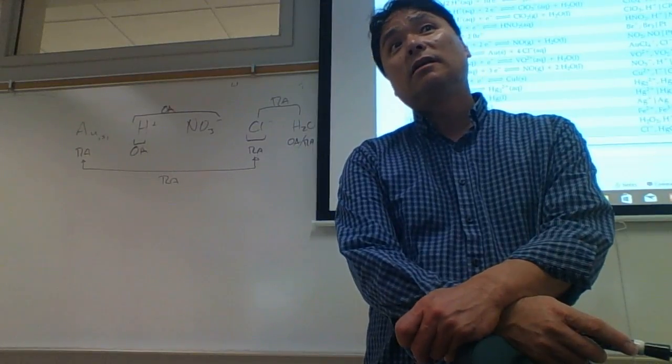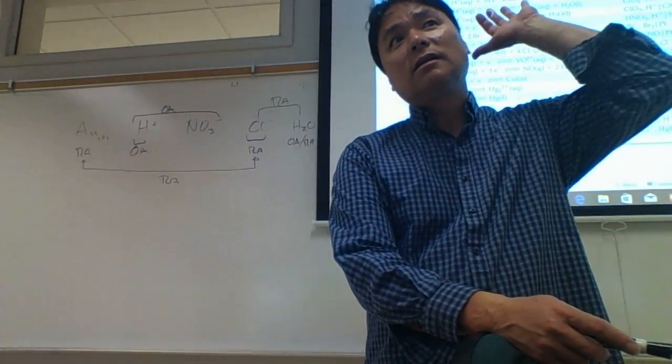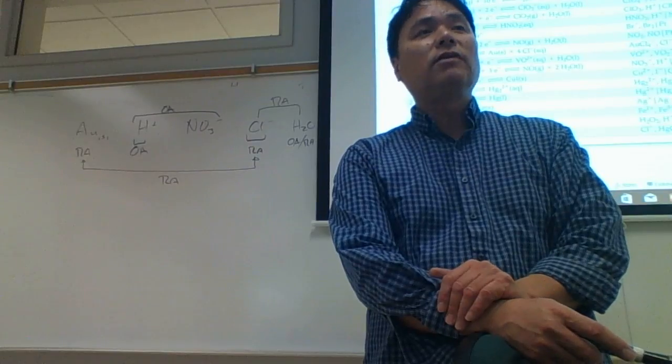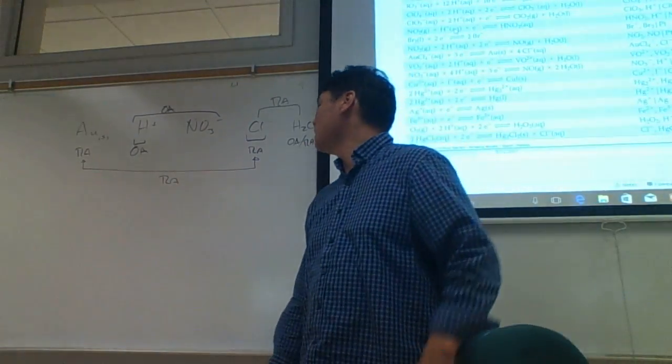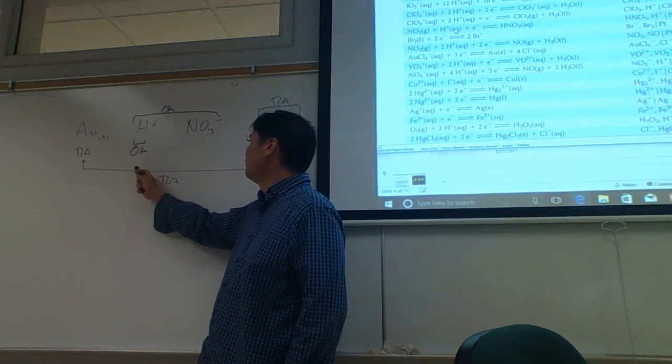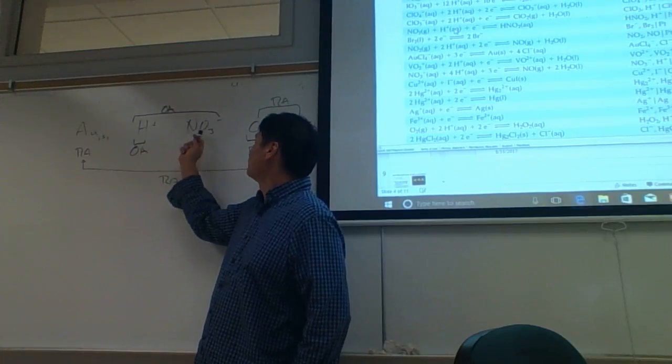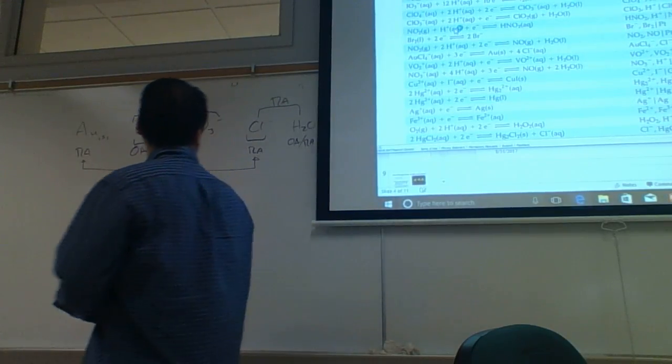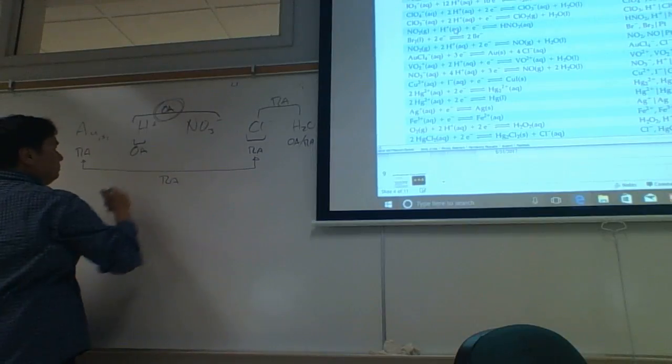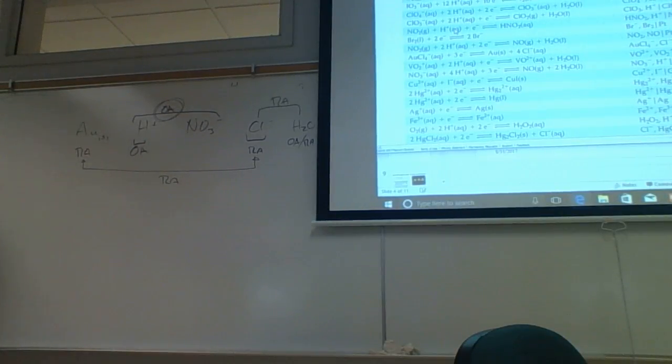Fluorine. Fluorine's the strongest oxidizer, so we start at fluorine and work our way down. The first one we hit is nitrate and H+, so nothing changed there. Our oxidizer should be nitrate and H+, the strongest one present.